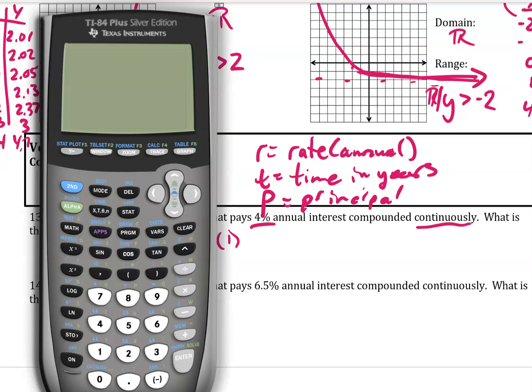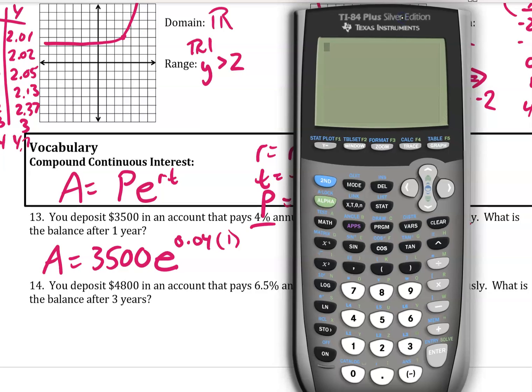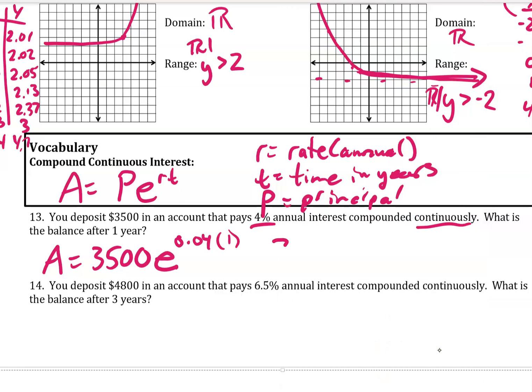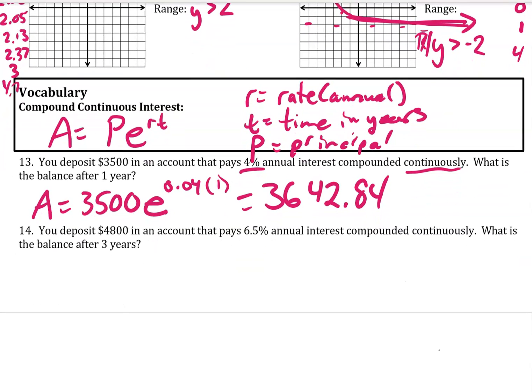We'll plug that in the calculator. $3,500 times e to the 0.04. If I wanted, I could say times 1. $3,642.84.